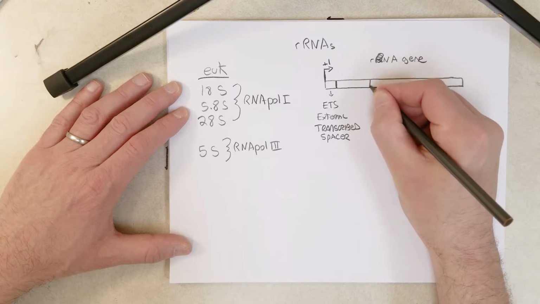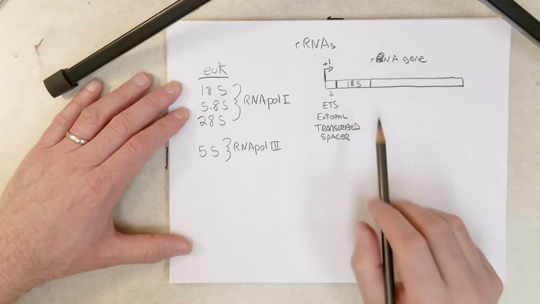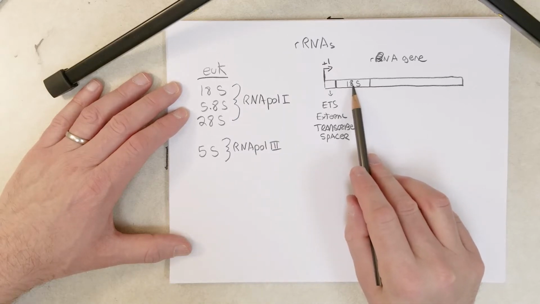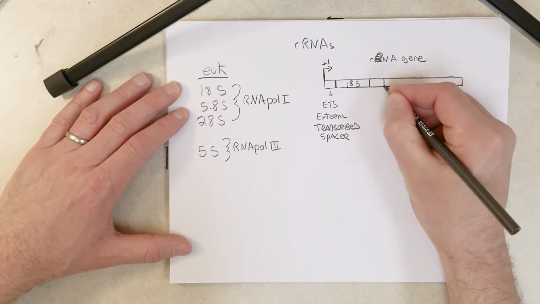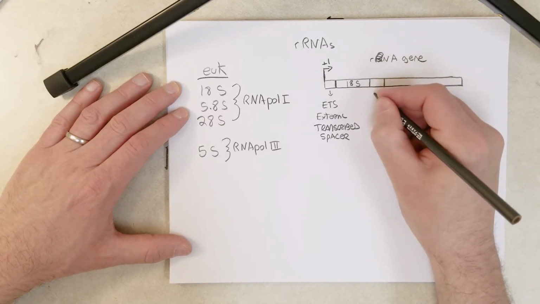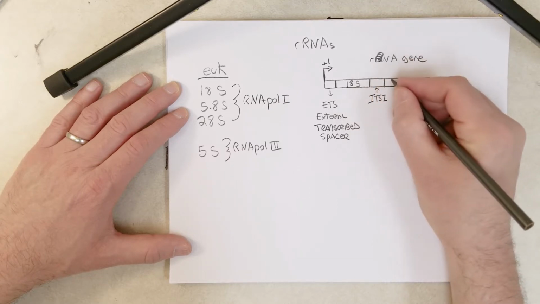This part right here is the part of the gene that encodes the 18S ribosomal RNA. Then we're going to have what is called ITS1 right here.